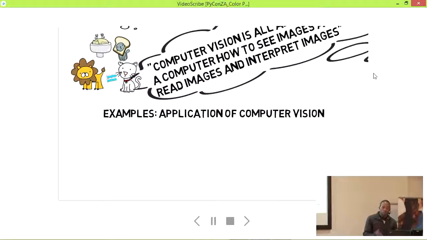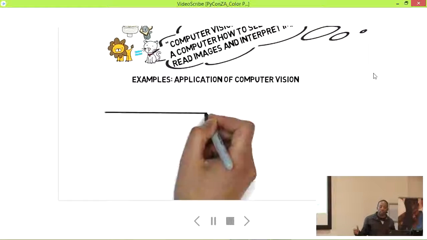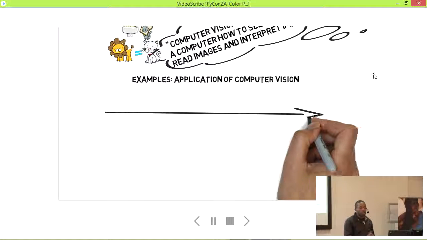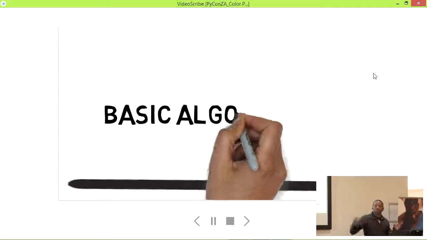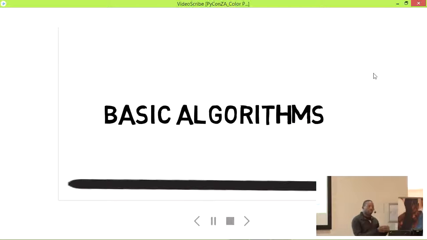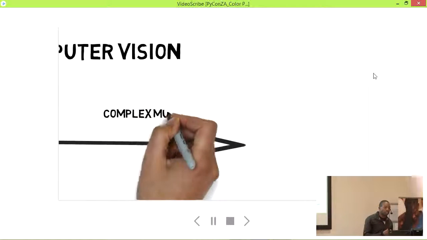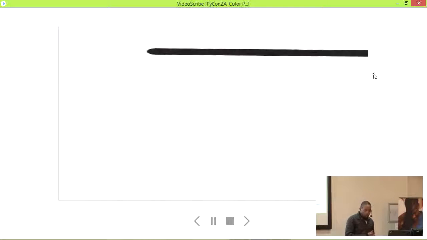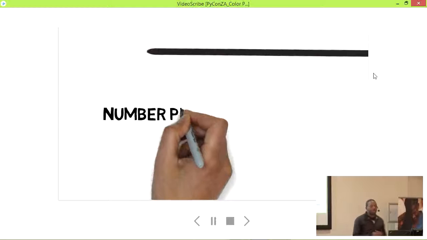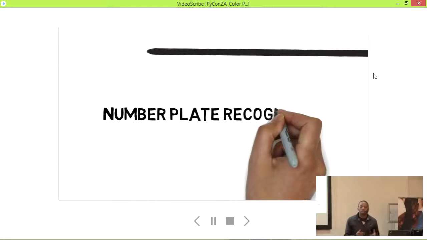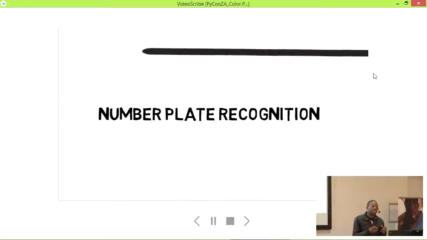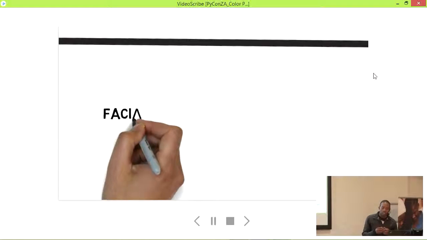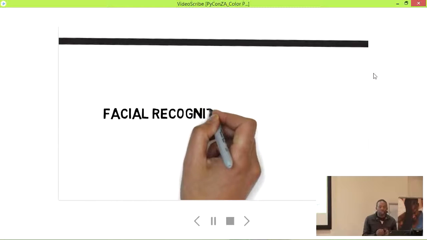Okay, so I'm going to be looking at some examples of the application of computer vision. It spans a large spectrum, starting with basic computer vision algorithms, all the way to complex multidimensional algorithms. On the basic level, you're looking at number plate recognition systems, because the computational power needed is not as great.